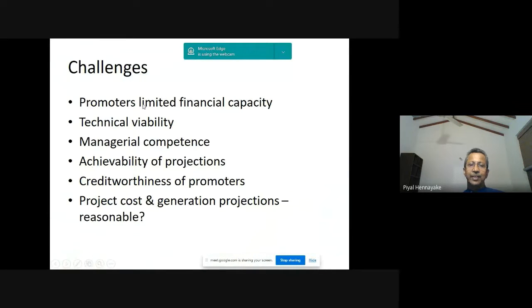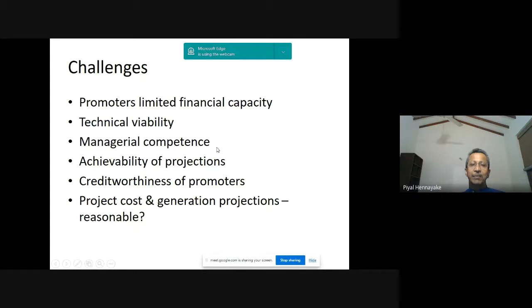Challenges we faced: the promoters' limited financial capacity, and if there was a project cost overrun, the two banks would have to finance it. And the technical viability, because we take, as usual, everything as mortgage, but if you take a mortgage over hydropower assets, there won't be any value if the project is not completed and working.